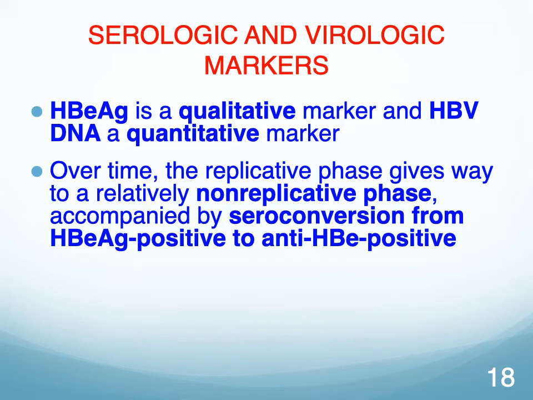So if you have patients with E antigen positivity, then the patient is infective or in a replicative phase. When you have your anti-HBe, then it becomes the non-replicative phase, or the seroconversion of E positive to anti-E positive.